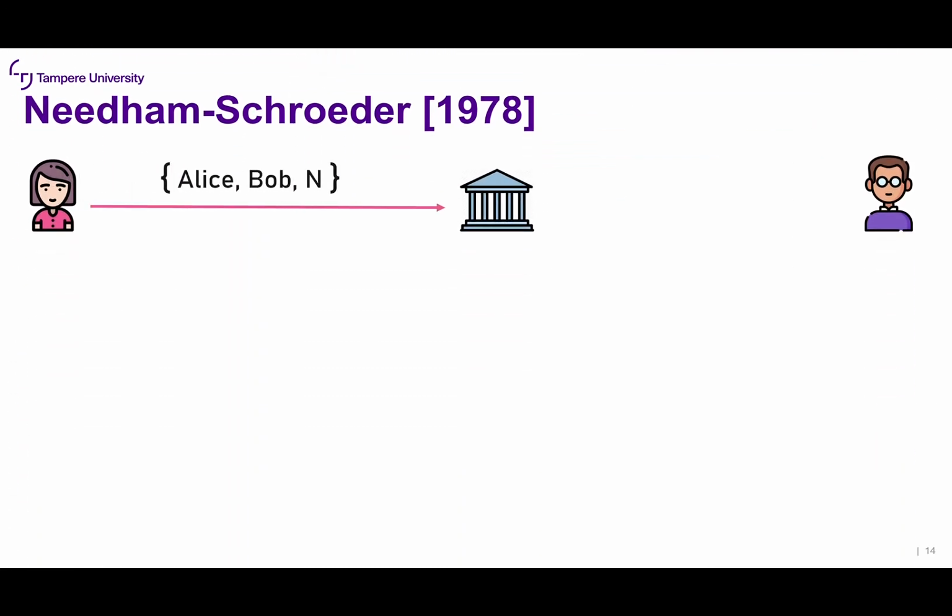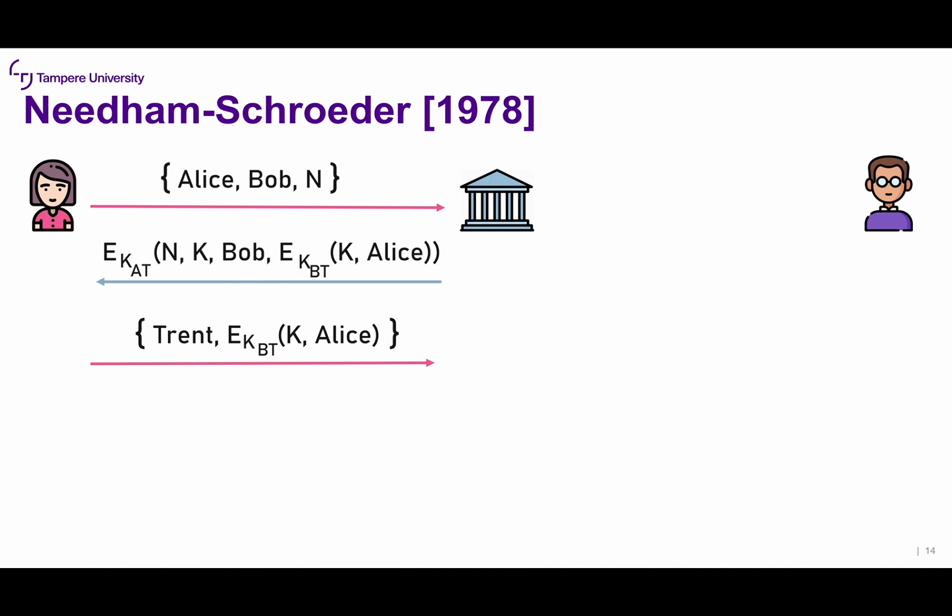Alice contacts Trent saying, hello, I'm Alice, I would like to contact Bob, here is a nonce. And Trent would reply back by sending this long encrypted message with KAT. Now, upon reception, Alice would do all the verification, all the processing that we described earlier, and would contact Bob by saying, "Hi, Trent has generated something for you, and this is this part, which is encrypted with KBT and contains Alice's name, concatenated with the session key."